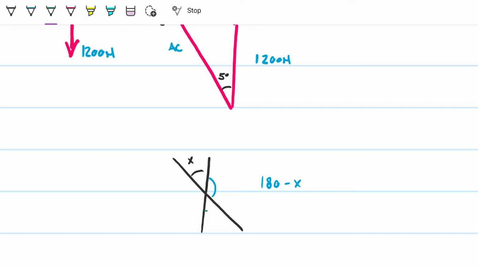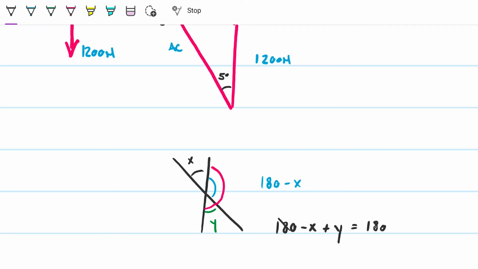Okay, so therefore, if I want to know this angle, y, I can do the same thing, because check it out. This is also 180. And therefore, the blue one, if I know that's 180 minus x, then I know that blue, which is 180 minus x plus the y, will be 180.